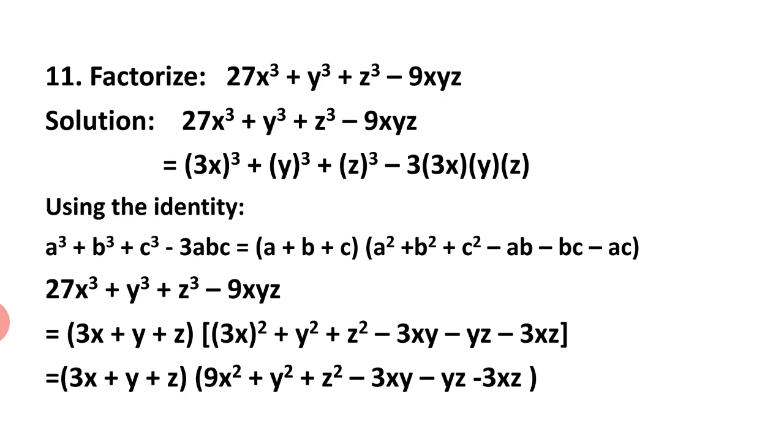One more step, because 3x whole square has to be replaced by 9x square. So the first bracket will be as it is. Now we have factorized, and the factors are 3x plus y plus z into 9x square plus y square plus z square minus 3xy minus yz minus 3xz. Are you getting?